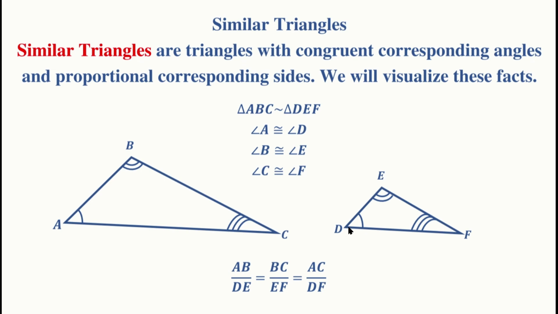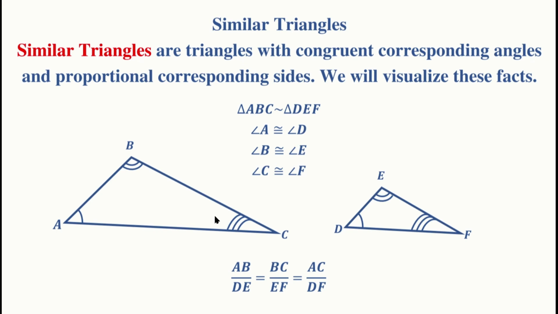Angle A is congruent to angle D, angle B is congruent to angle E, and angle C is congruent to angle F. So when we say the sides are proportional, we mean corresponding sides. Notice that, for example, what's opposite the triple marked angle? AB. In this triangle, what's opposite the triple marked angle?